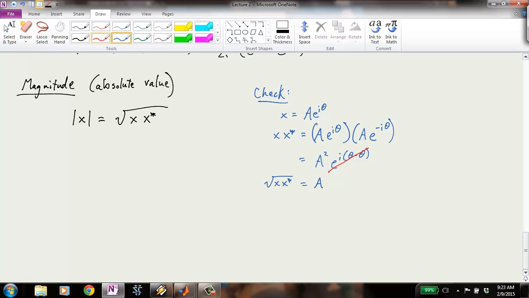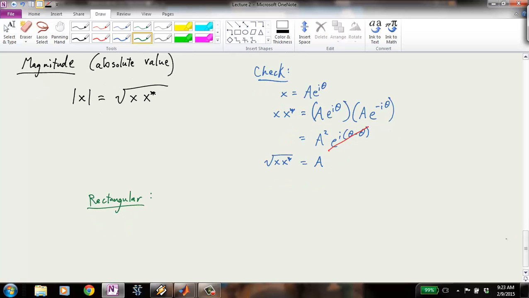In fact, let's also do it for rectangular coordinates to see how this actually simplifies. So there we have something like, let's say x equals a plus ib. Okay. Now what's the magnitude then of x? Square root of a plus ib times a minus ib.